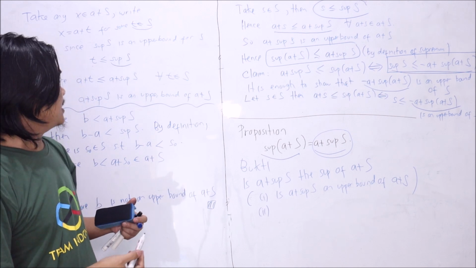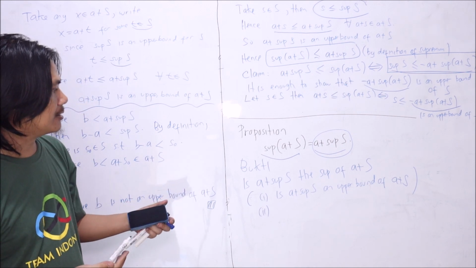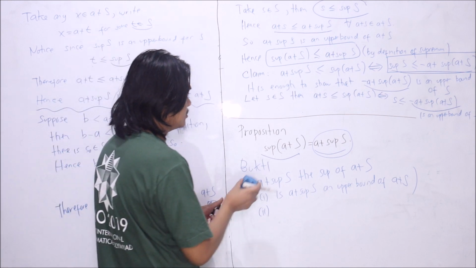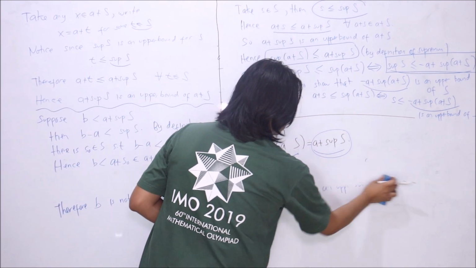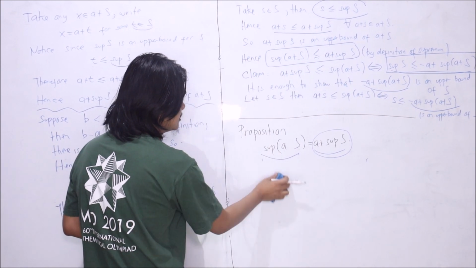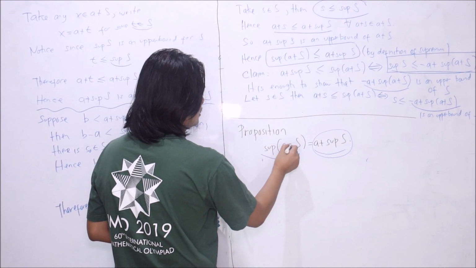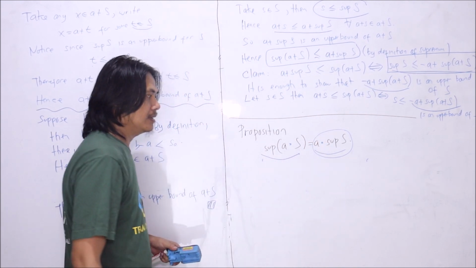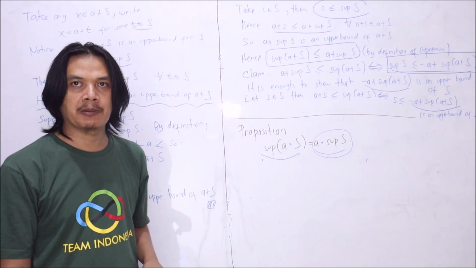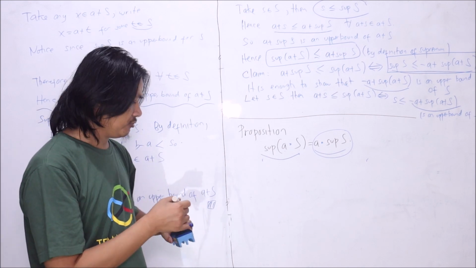And you might check whether the other statement is still correct. So if we replace this addition with multiplication, we can ask whether the statement is still correct or not. Okay? So you may probably want to try it first.